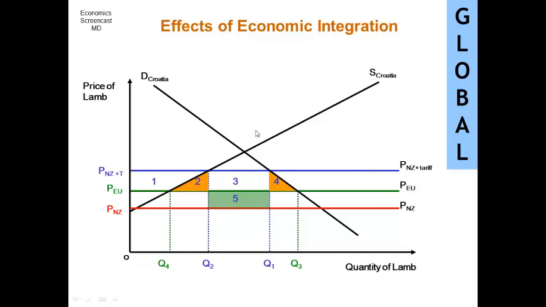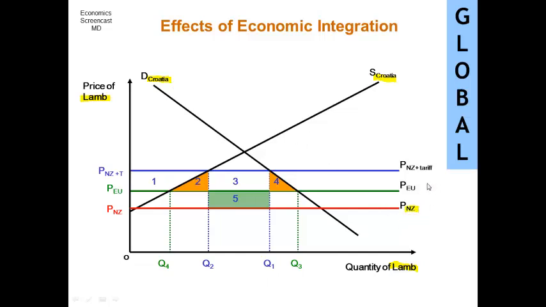Here we're going to use the market for lamb, and we're going to show the domestic market in Croatia for lamb. Before entry to the EU, the Croatian market may well have experienced import penetration from lamb from New Zealand.